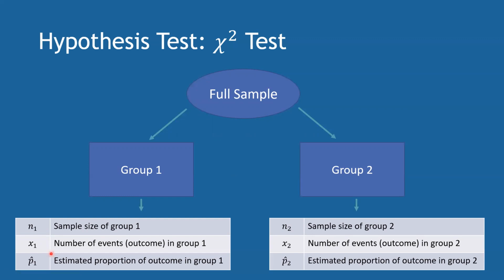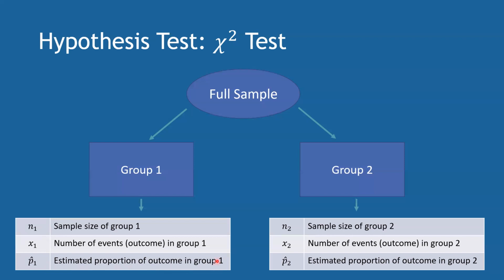Well, if we have group number 1, we can calculate the number of events, which is X sub 1. We have the sample size for that group. So using the number of events and the sample size for group 1, we could calculate the estimated proportion of that outcome in group 1. So if we were looking at the number of participants who have diabetes among men, we could calculate the estimated proportion of that outcome being diabetes in group 1, which would be men.